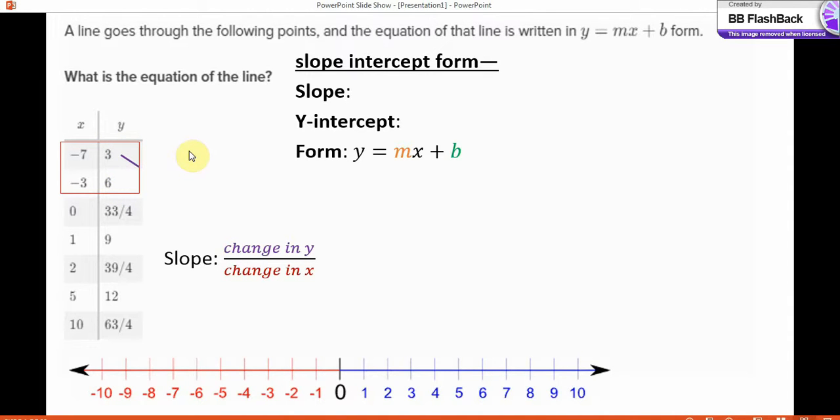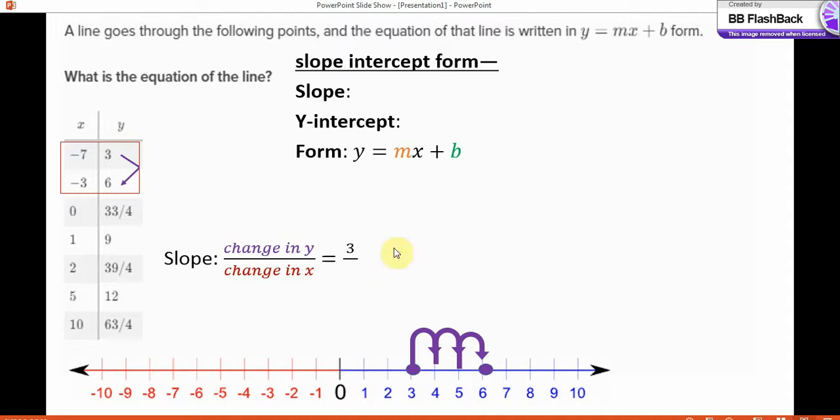So to find my change in y, I start at 3, put a little dot on 3 on my number line, go to 6, put a little dot on 6. From 3 to 6, I need to swoop forward 1, 2, 3 times. Because I'm swooping forward, my change in y is positive, and I swooped 3 times. So 3 positive swoops is my change in y.